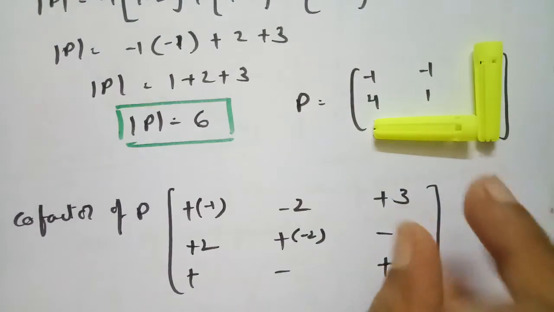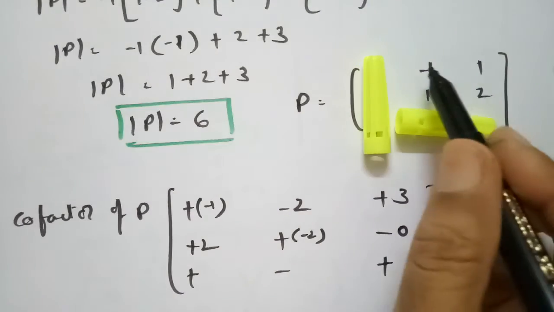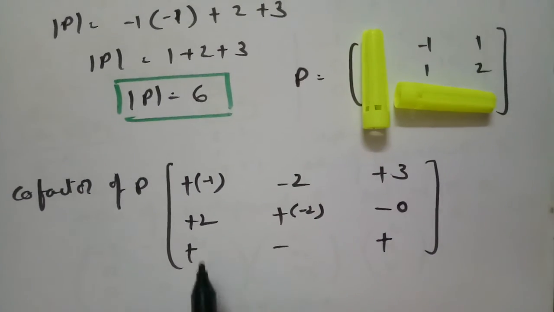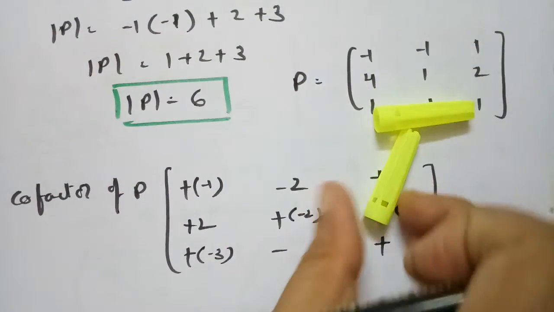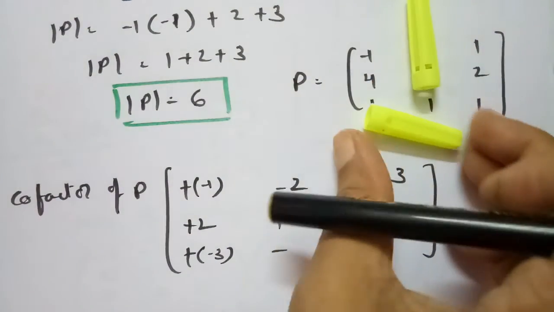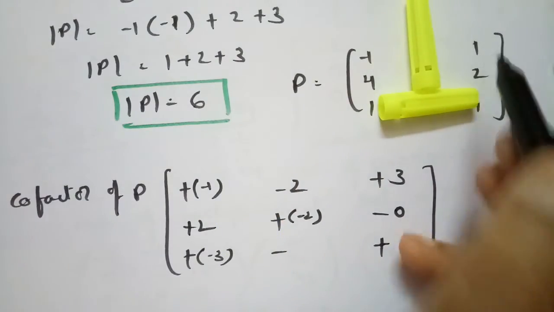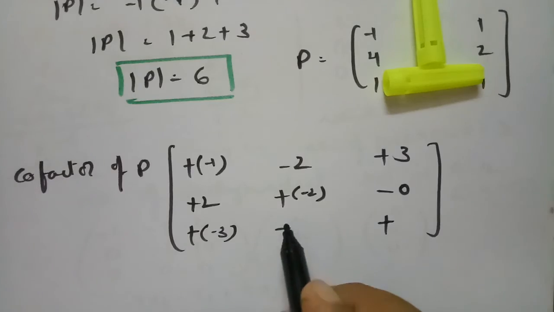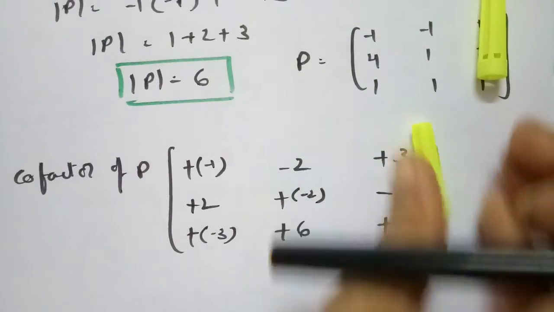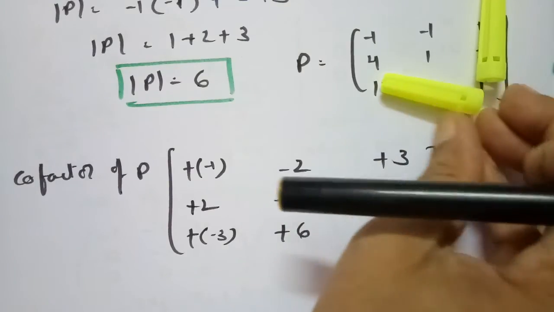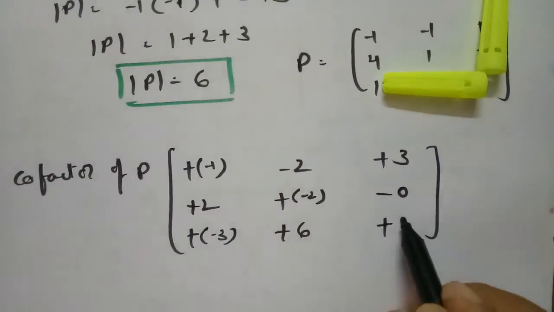For this one, if you close this row and column, this is minus 2 minus 2, so this is minus 3. For the middle position, if I close this row and column, this is minus 2 minus 4, which is minus 6, so this will become plus 6. And if I close this row and column, this is minus 1 plus 4, so this is 3.